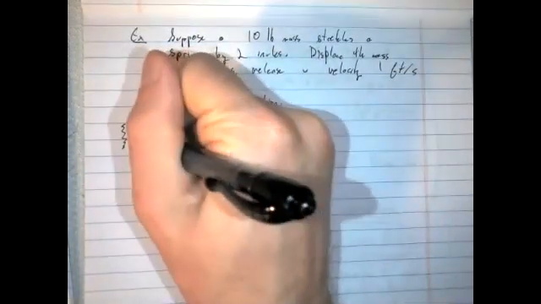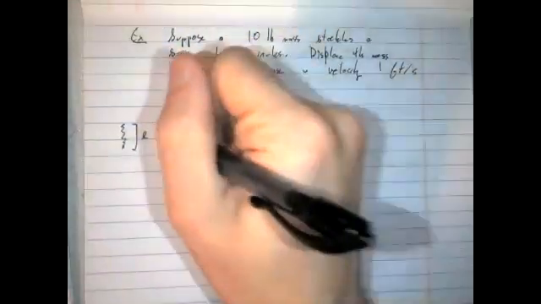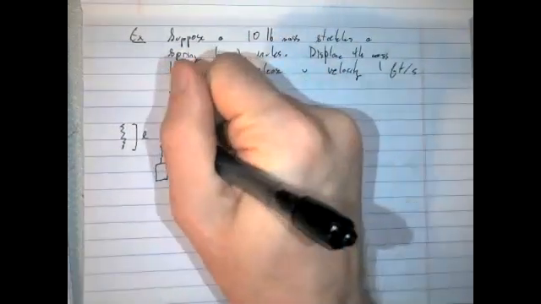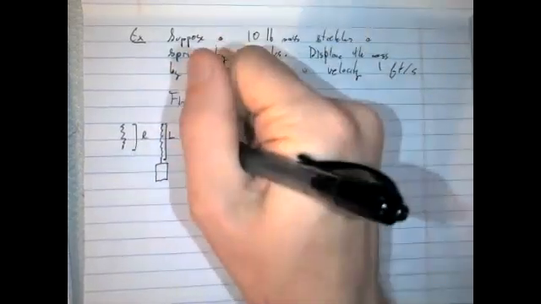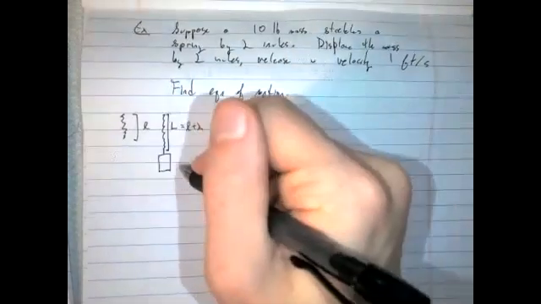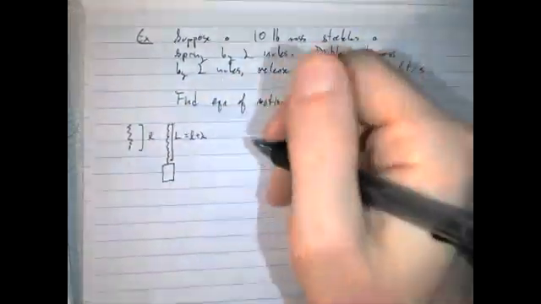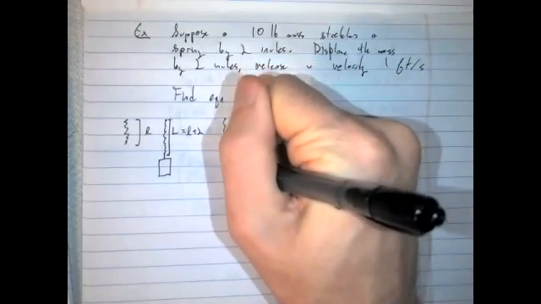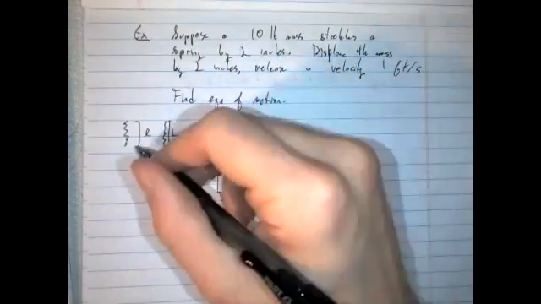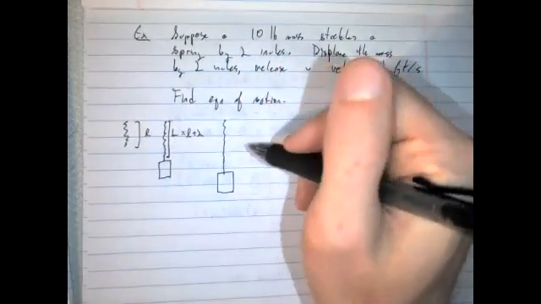So let me draw a picture. Here is the spring with no mass, and it has length little l. Here is the spring with a mass at rest. So this length, capital L, is equal to little l plus 2. And then the problem says we take this system, which is currently in equilibrium and not moving, and we pull the mass even further so that the length is now the resting length capital L plus 2.